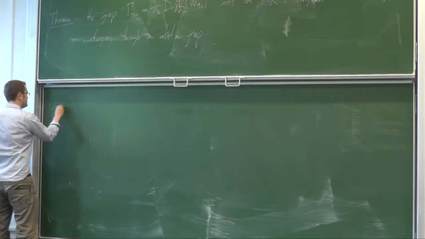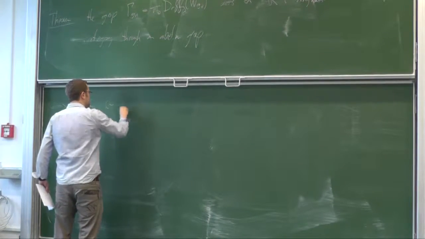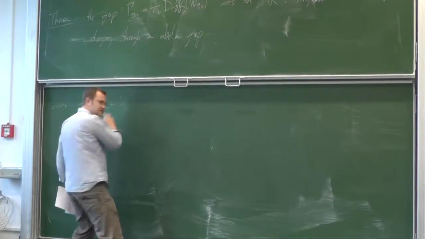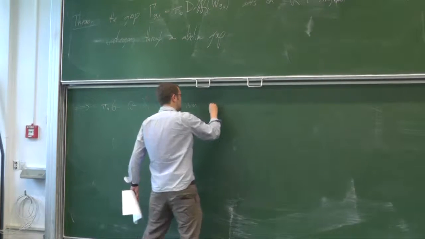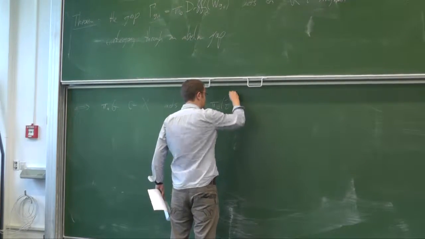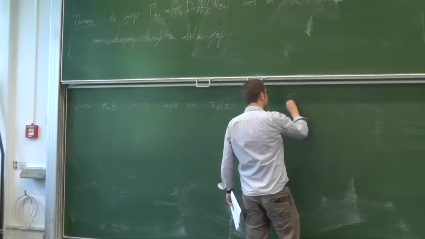Implies that pi naught G acting on X in the homotopy category, which is the only place to make sense, acts via pi naught of Z. And I'll leave this as an exercise because it's quite a charming thing to work out.